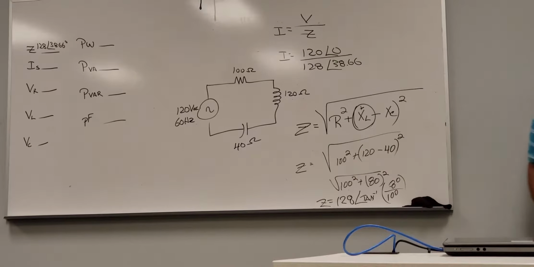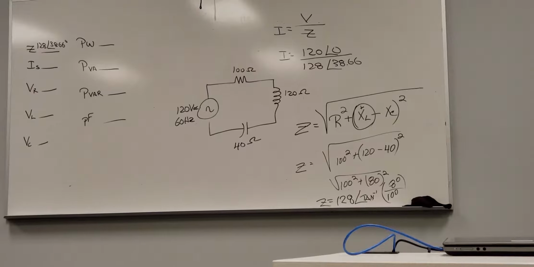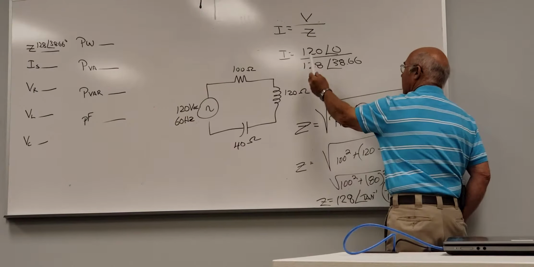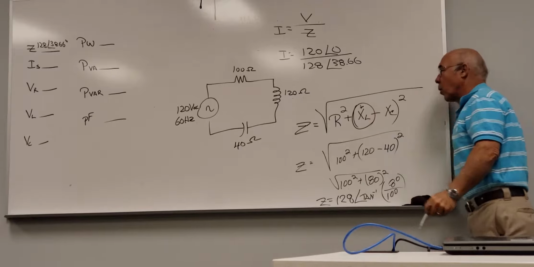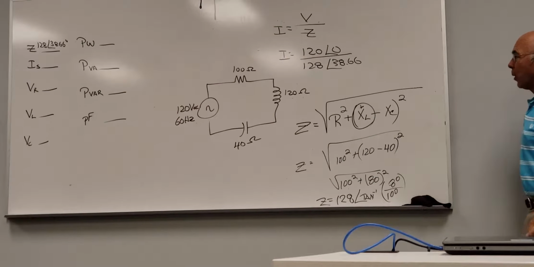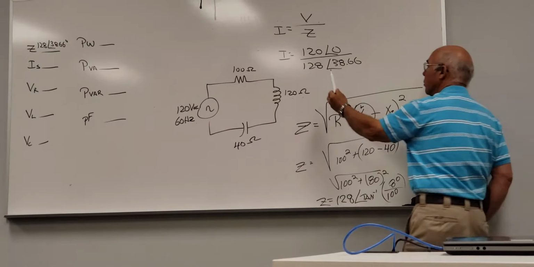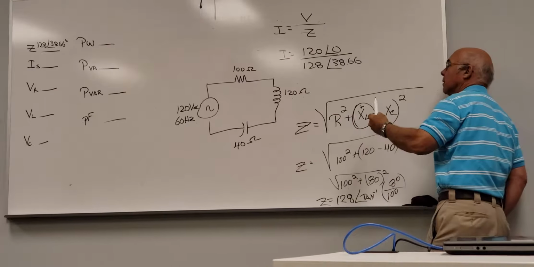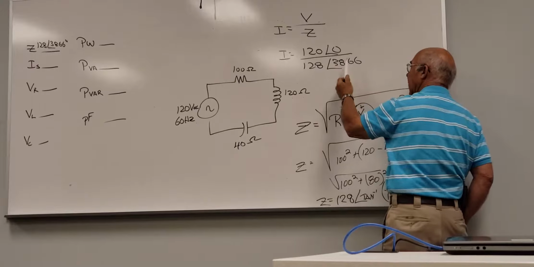Now, we divide in polar coordinates. We consider this polar because it has a magnitude and an angle. Magnitude and angle, that's polar coordinates. We divide polar coordinates, we divide the magnitude portion, 120 divided by 128, and we subtract the angles.